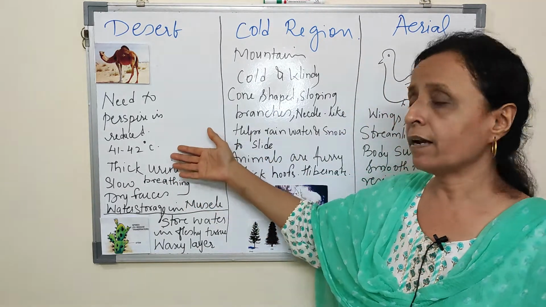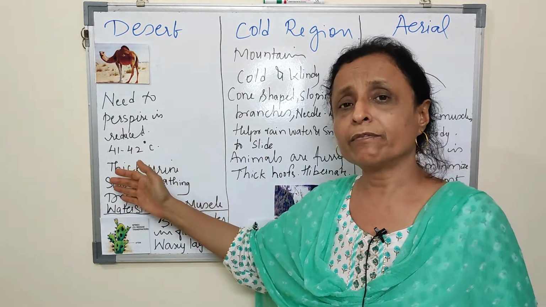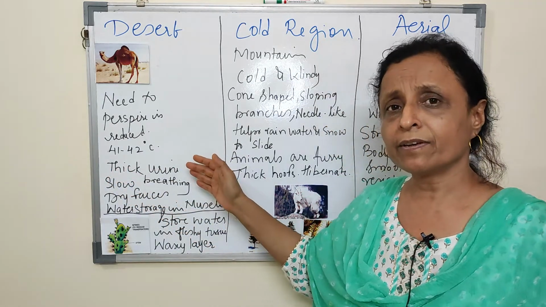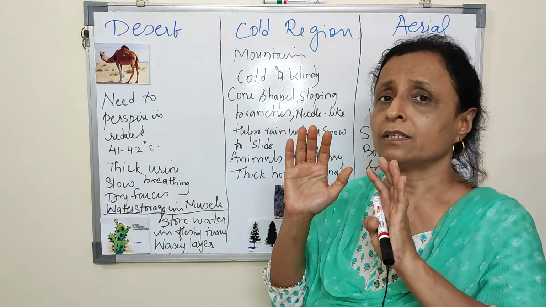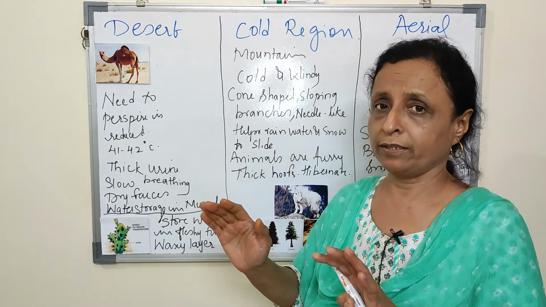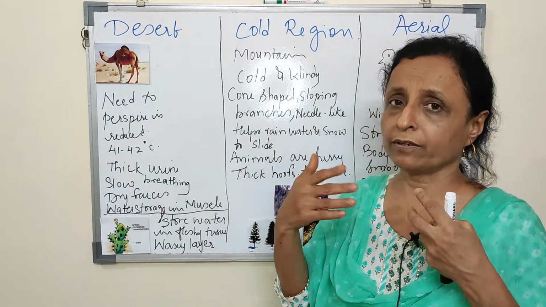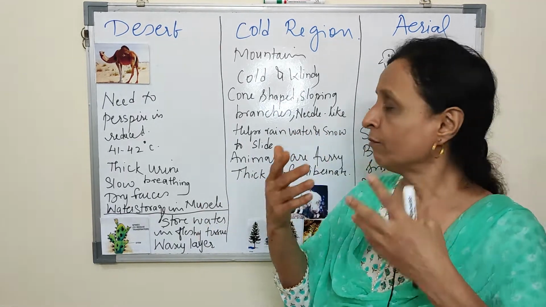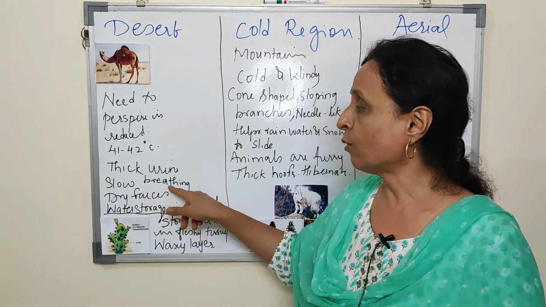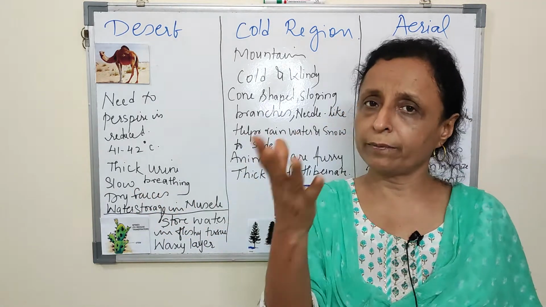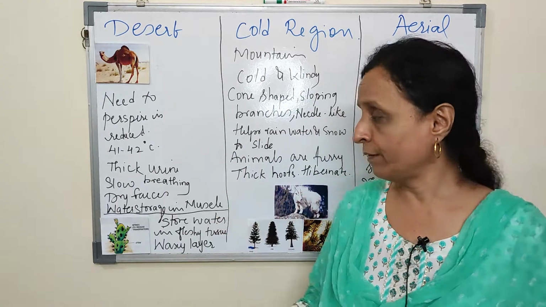So that's an adaptation. And whenever there's no food and the temperature is very high, they just breathe slowly, so they do not give out water. When we breathe, we give out water vapor, so they breathe slowly so that water vapor is not given out during breathing.